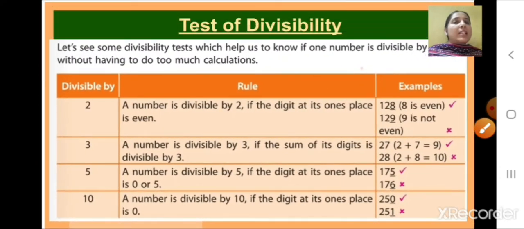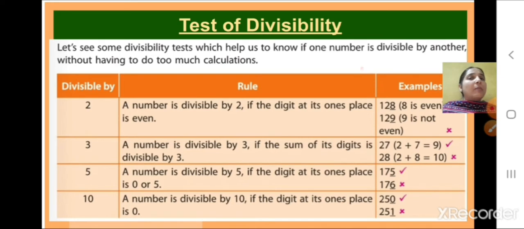Means we will see some of the tests which will help us to know if one number is divisible by another number without having to do too much calculation. Only by looking at the number, you will be able to understand whether that number is divisible by a given number or not.